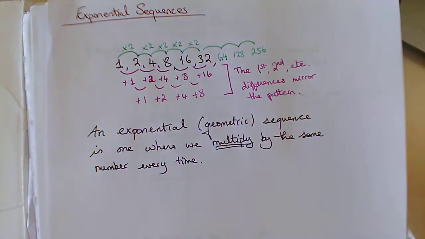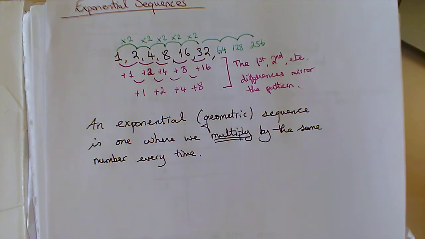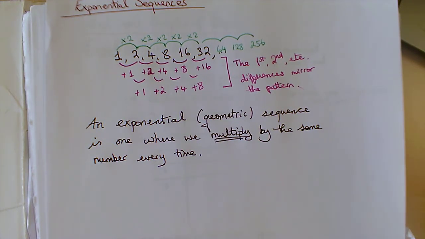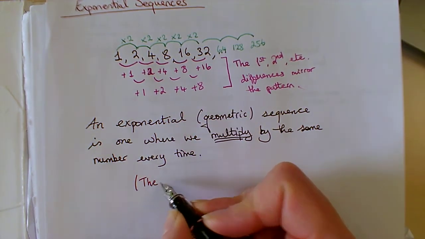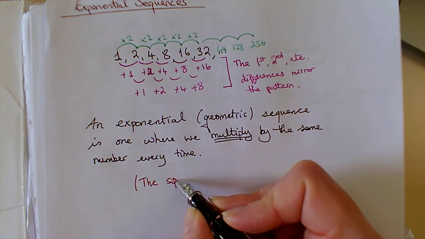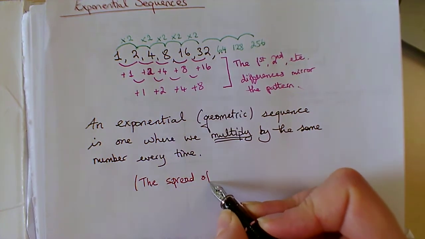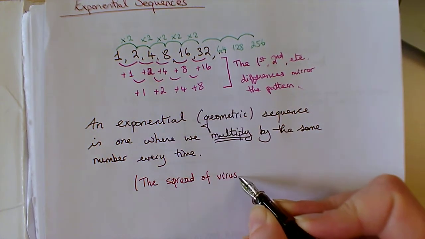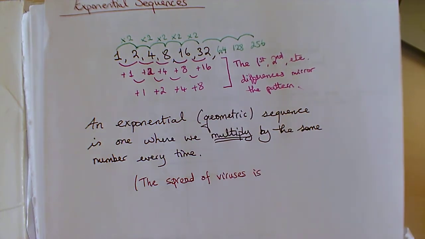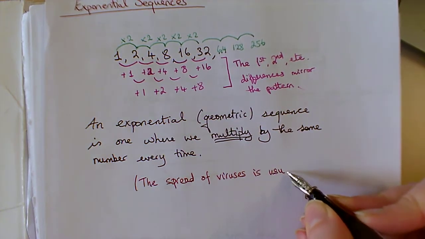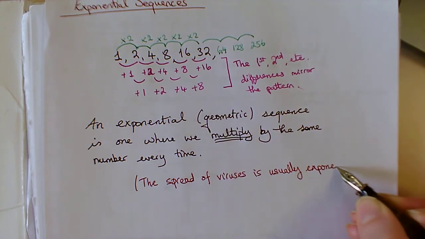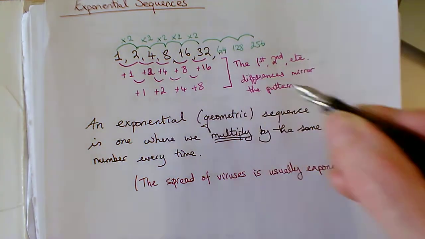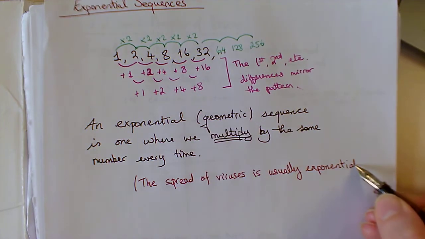Can you think of something really famous that's going on in the world at the moment that is a geometric sequence? The spread of the COVID-19 virus. The spread of viruses and growth of bacteria and things like that is usually exponential, which is why you can see they get big really quickly.